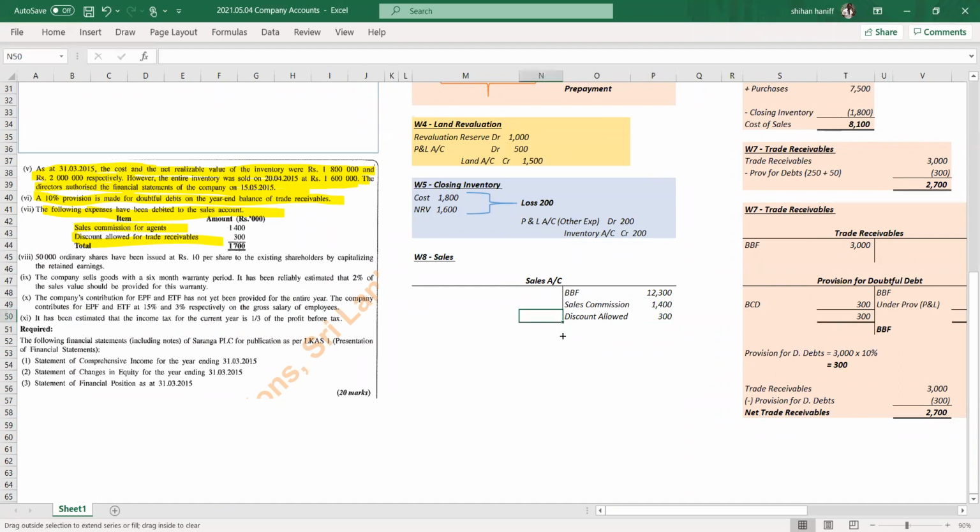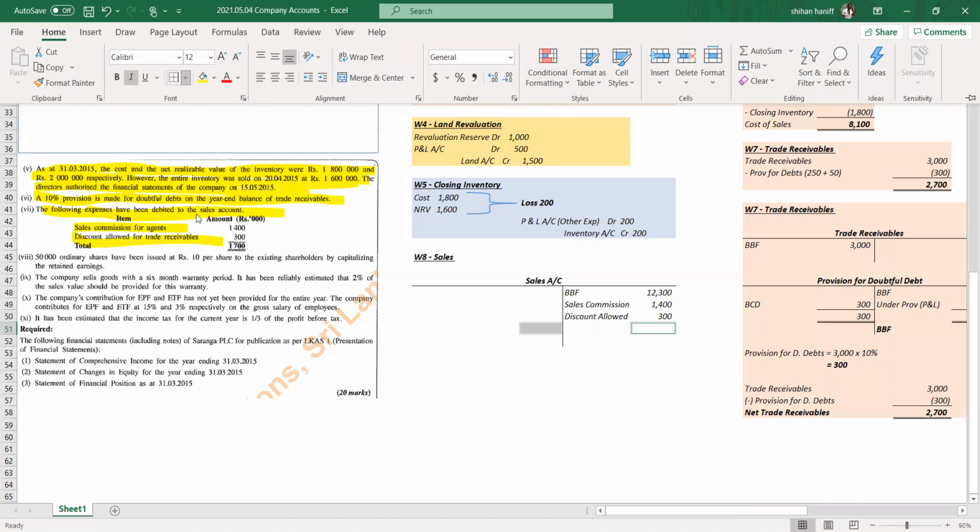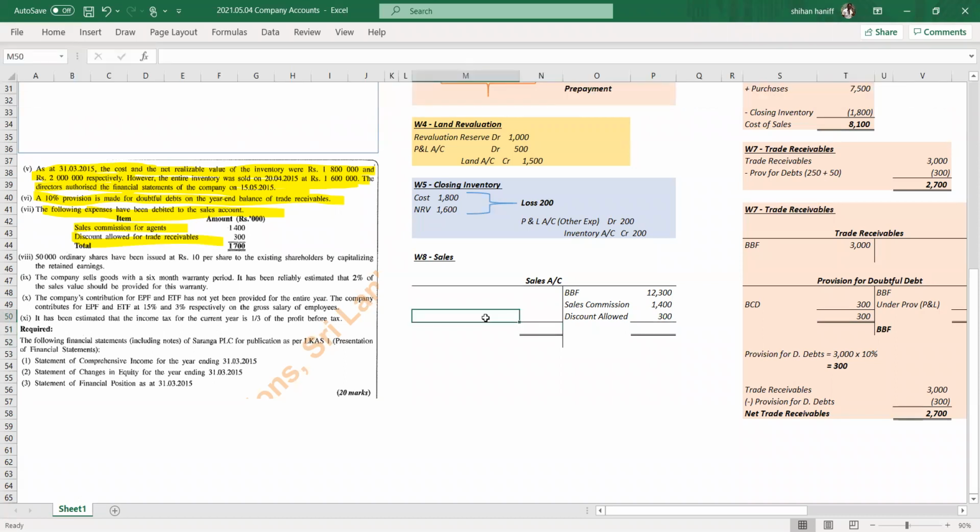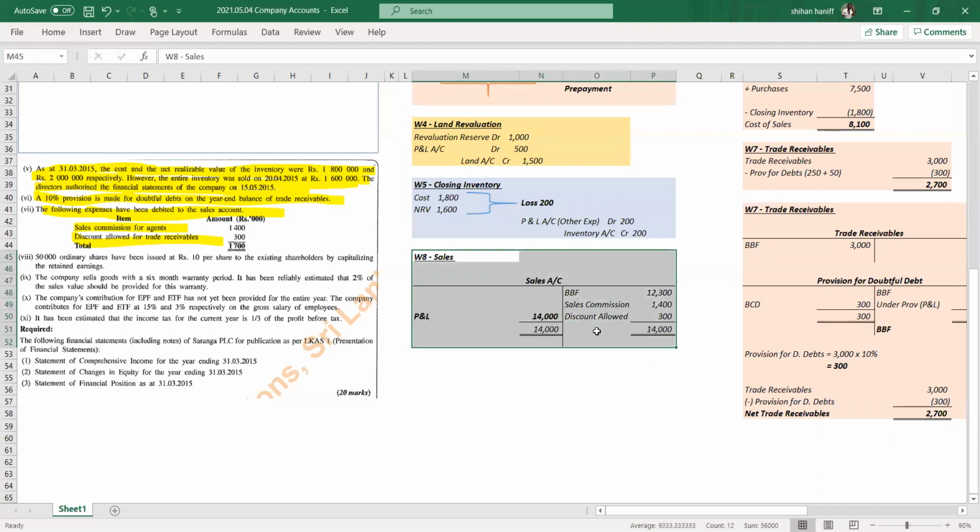Therefore, net sales, total sales is transferred to profit and loss 40,000. Okay, and we have to debit this into profit and loss account.